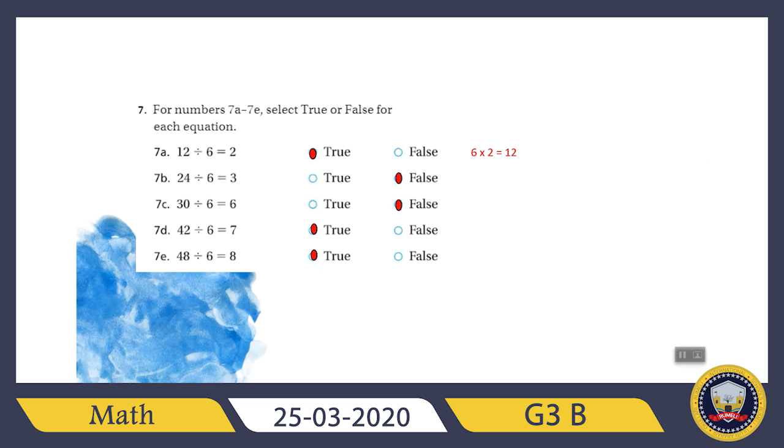Of course it is true, because 6 times 2 is equal to 12. 7b. 24 divided by 6 is equal to 3. Is it true? Is 3 times 6 equal to 24? No, of course not. It's false. 6 times 3 is equal to 18, and 6 times 4 is equal to 24.